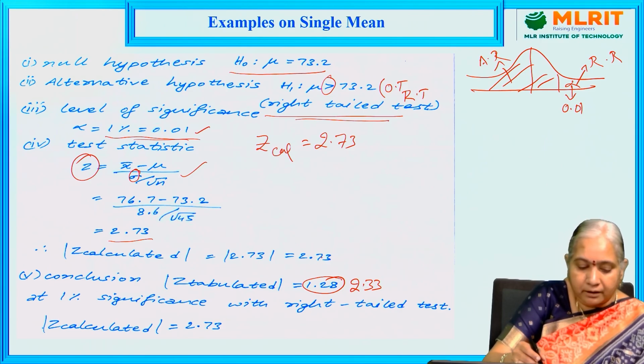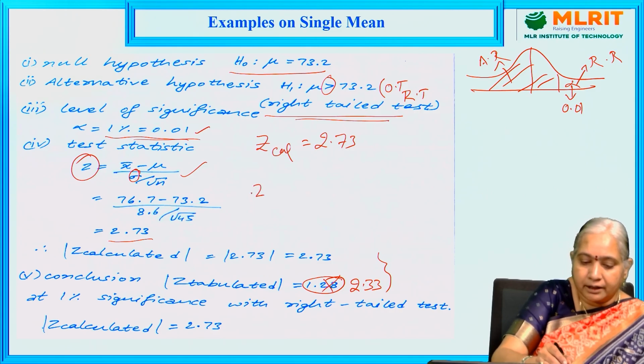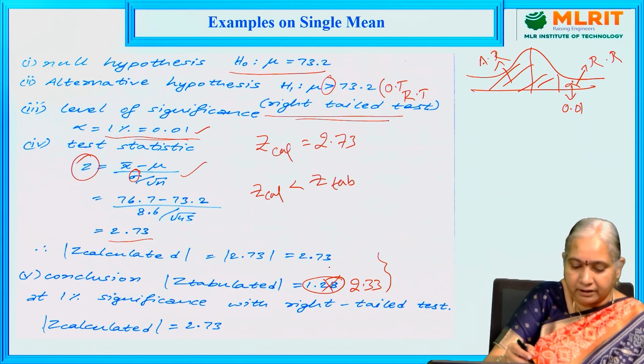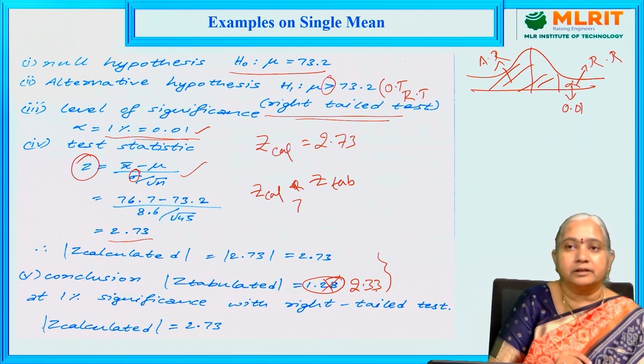Now compare these two values. Z calculated, 2.73, is greater than Z tabular, 2.33.